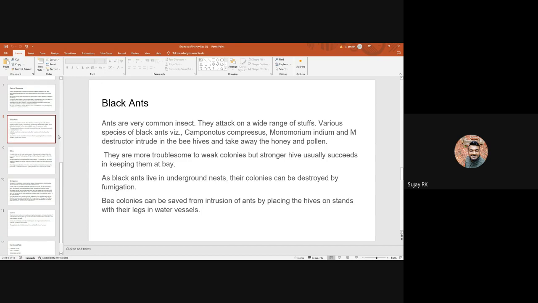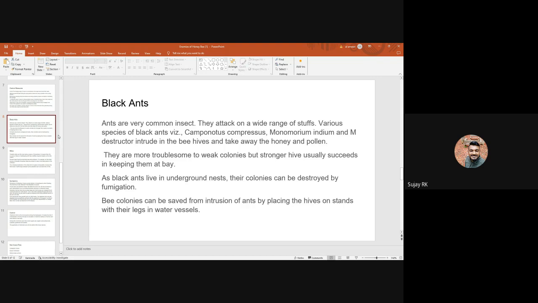You might have seen in the majority of bee boxes they place water surrounding where the boxes or hives are kept, to make sure that the ants don't get inside the boxes.